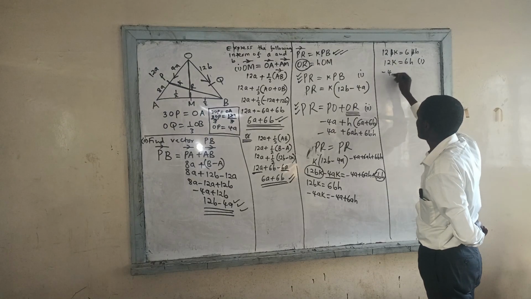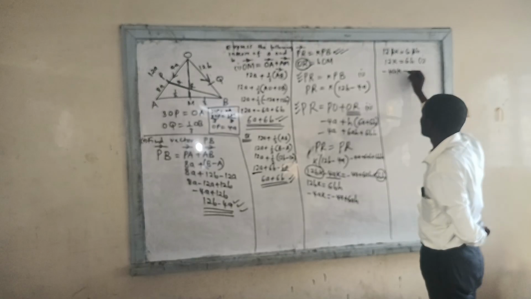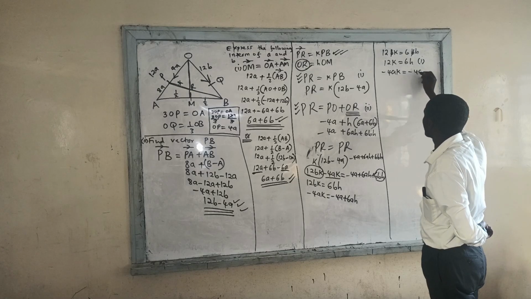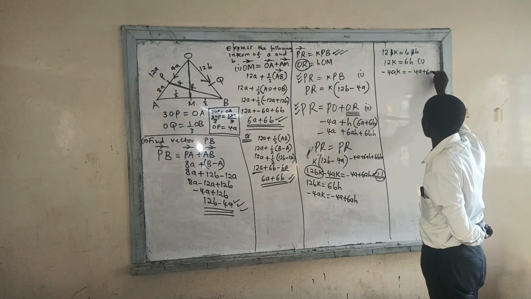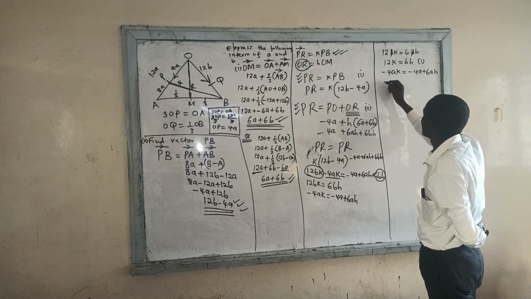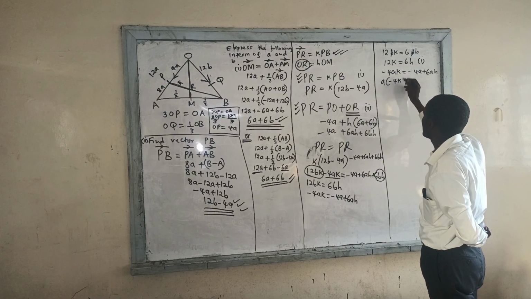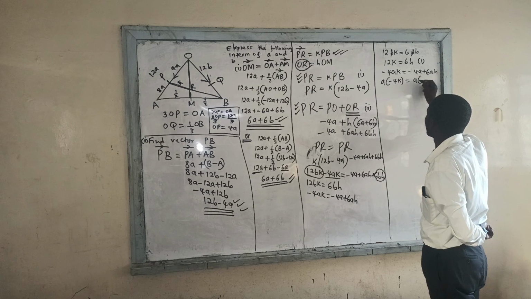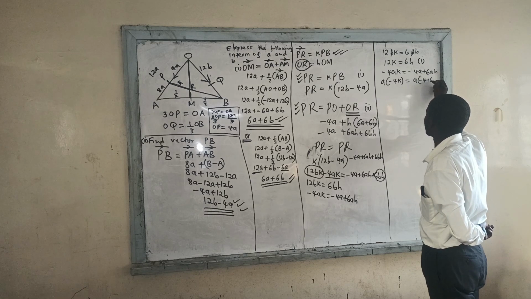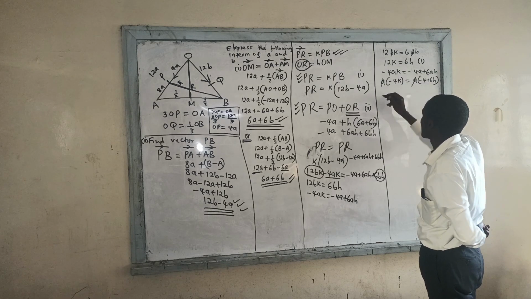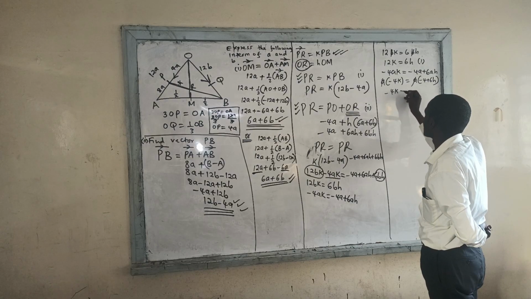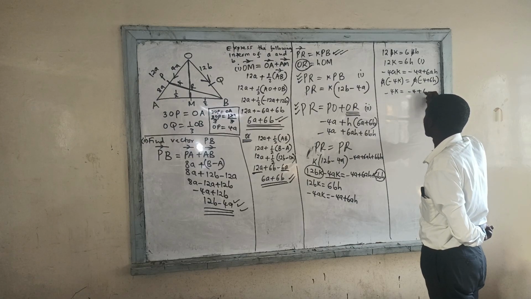So we have minus 4AK should be equal to minus 4A plus 6AH. So we shall say A into minus 4K should be equal to A into minus 4 plus 6H. So this and this will disappear. So minus 4K is equal to minus 4 plus 6H.